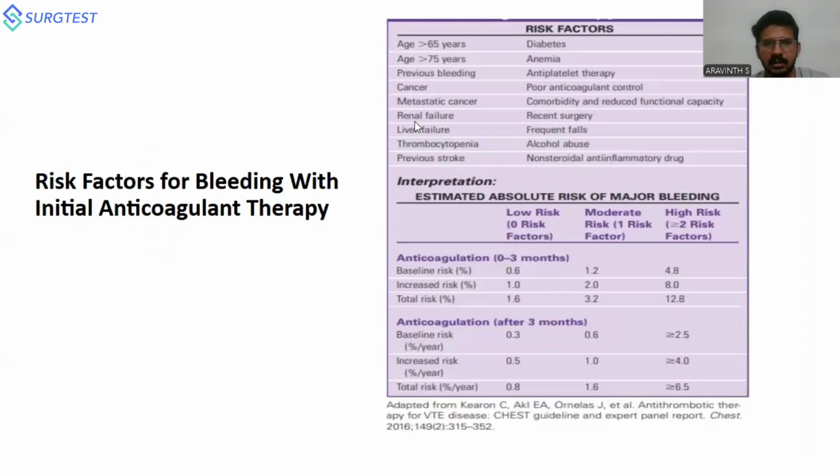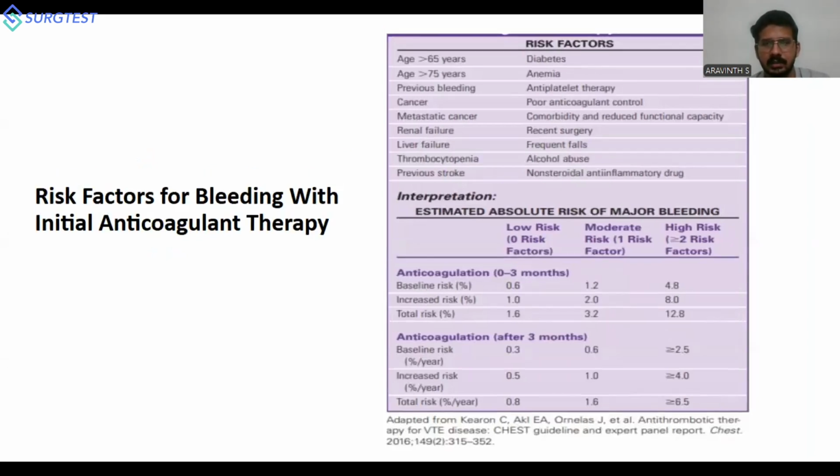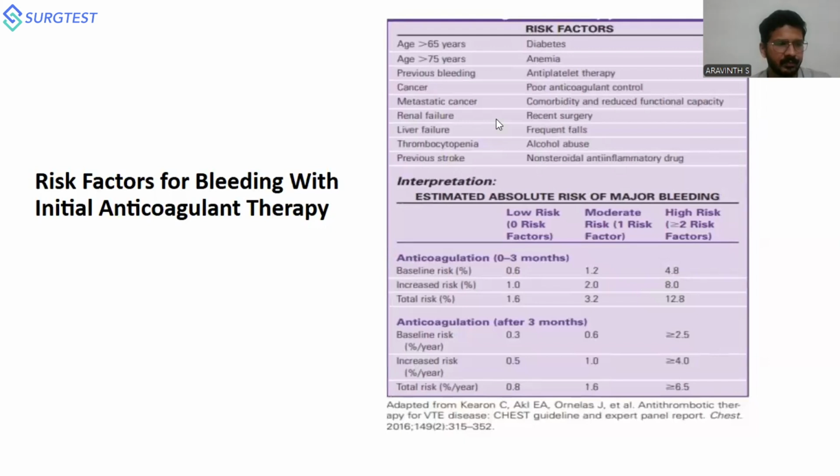The reason for this slide is to show you the various risk factors for bleeding with initiation of anticoagulant therapy. Any elderly patient, especially more than 65 or 75 years of age, a patient with a previous bleeding episode, and all these conditions: renal failure, metastatic tumors, anemia, recent surgeries and falls, alcohol abuse, and non-steroidal anti-inflammatories.